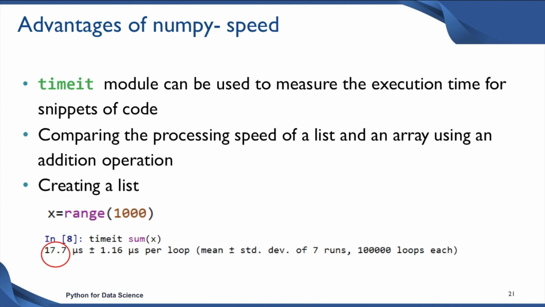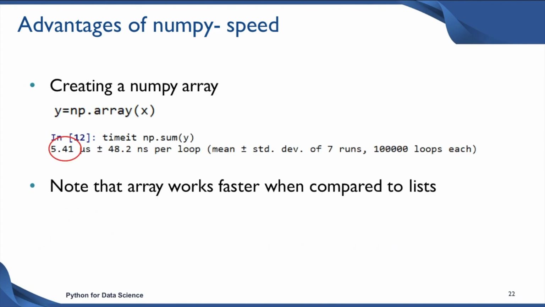So let us create a list. We have created a list and are trying to calculate the sum of this list. This is a range of 1000 elements present in our list, and we are calculating the sum. It says 17.7 microseconds.